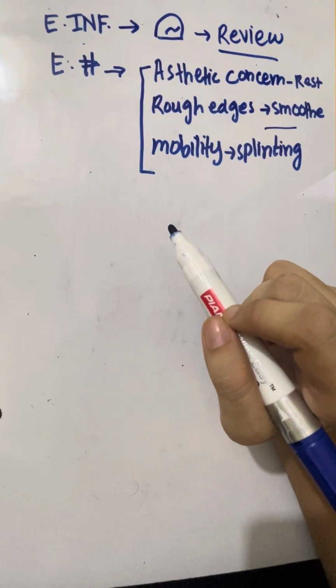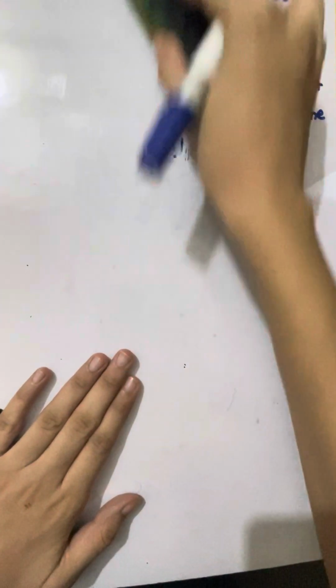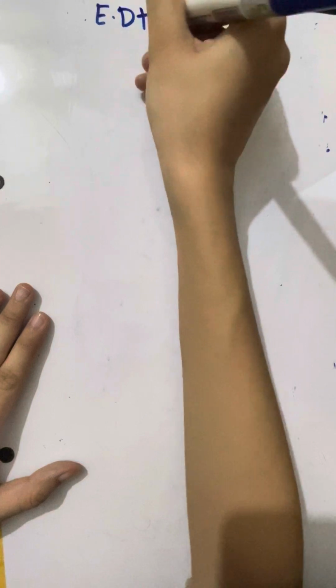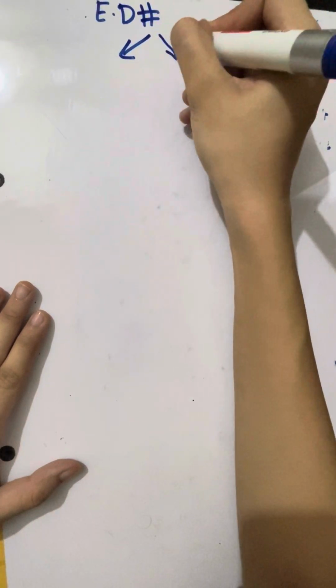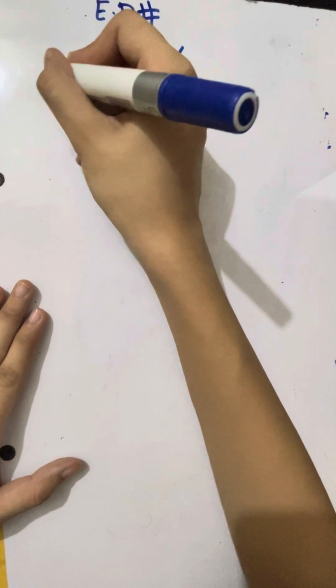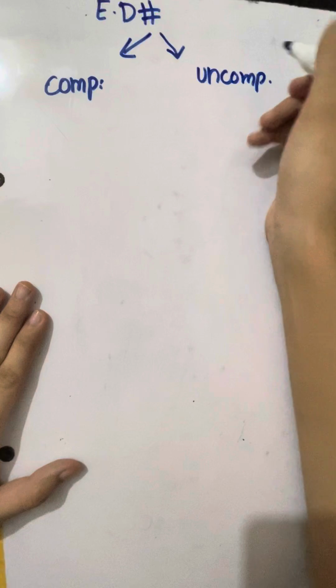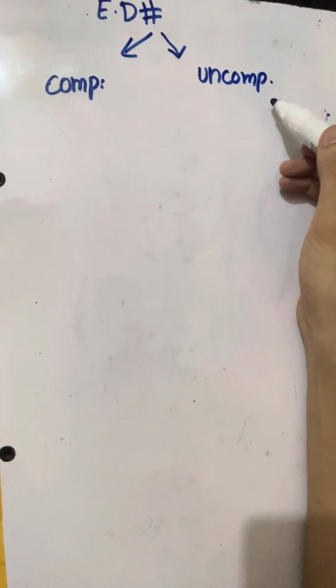Then comes the enamel dentine fracture. We have already discussed that we will divide the enamel dentine fracture on the basis of pulp exposure: complicated or uncomplicated. Complicated means there is involvement of the pulp along with enamel and dentine, and uncomplicated means there is no involvement of the pulp.